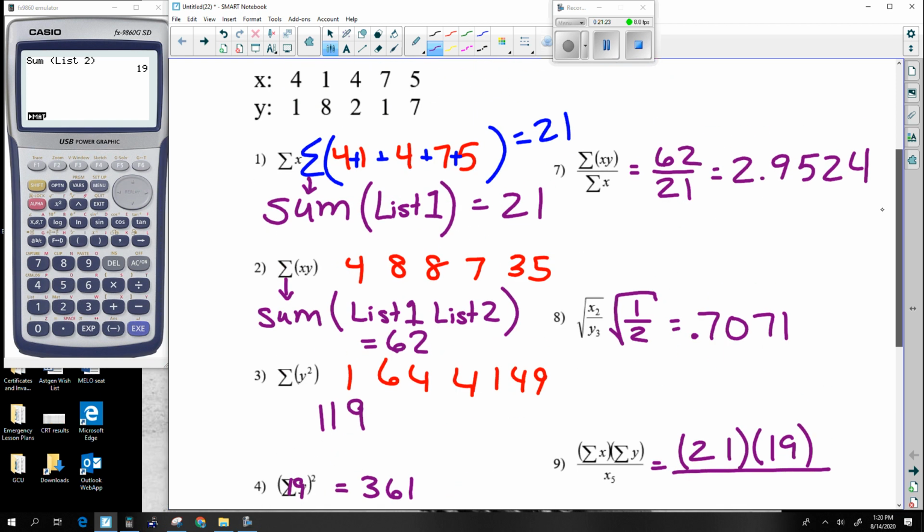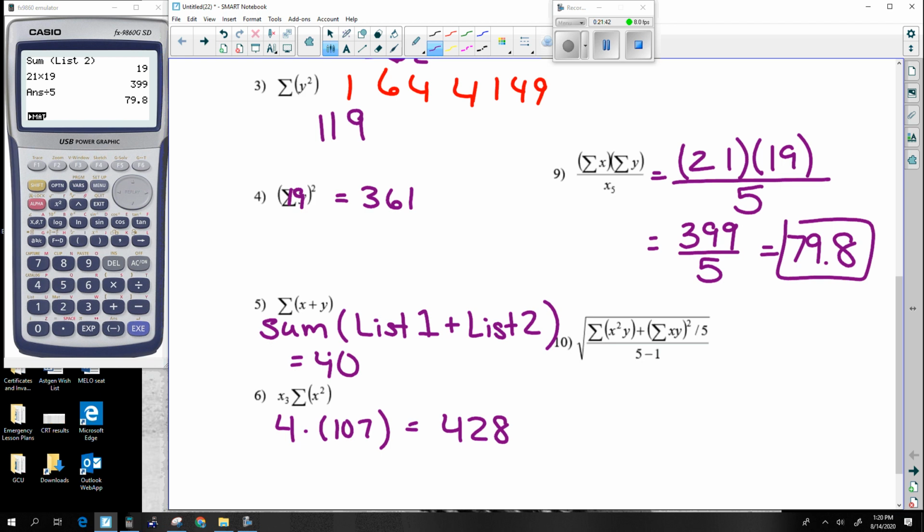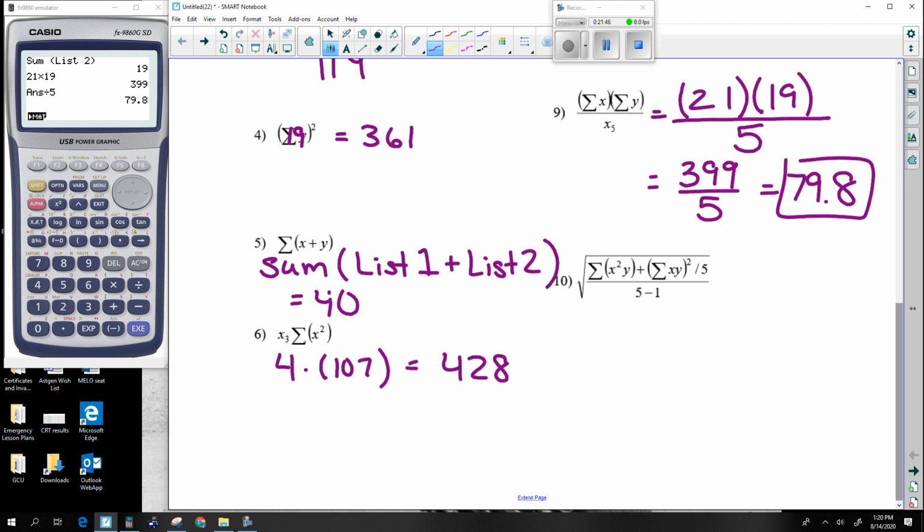So the fifth number of those x's is the number 5. 21 times 19. Divide by 5. And now number 10 isn't so hard.